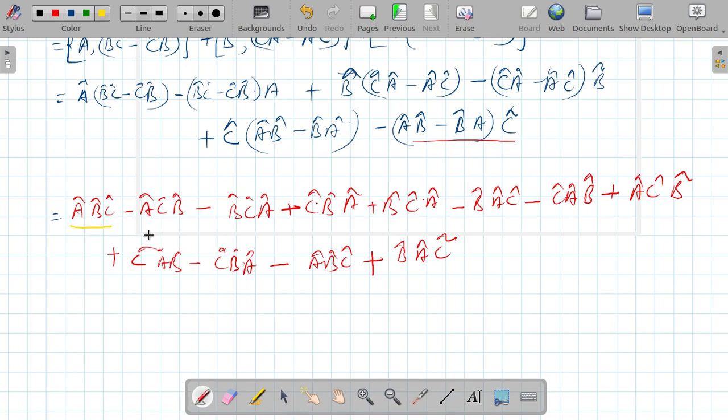Right, so this will cancel out with it. ACB is positive once and negative once. BCA is minus and BCA is plus, so both will cancel. CBA, one is plus and another is minus.